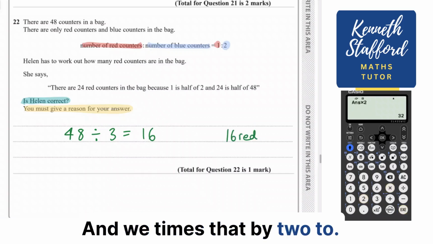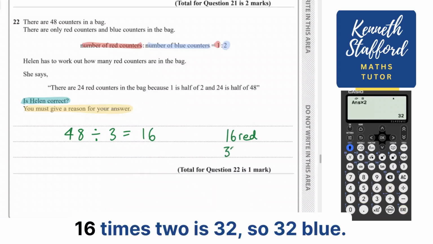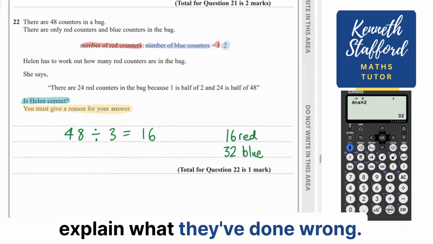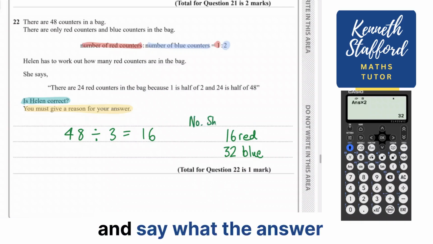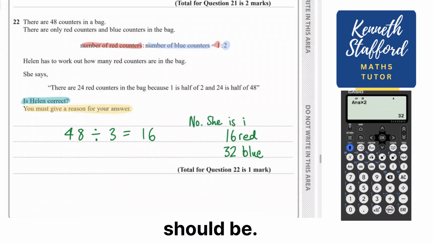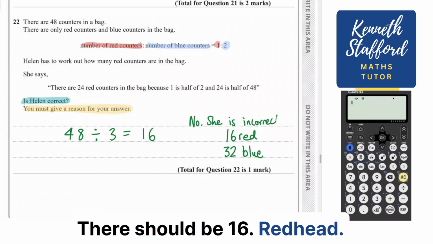And we times that by 2 to get the blue counters. 16 times 2 is 32. So there are 32 blue. It's sometimes quite hard to explain what they've done wrong. So we can just say, no, she is incorrect, and say what the answer should be. There should be 16 red.